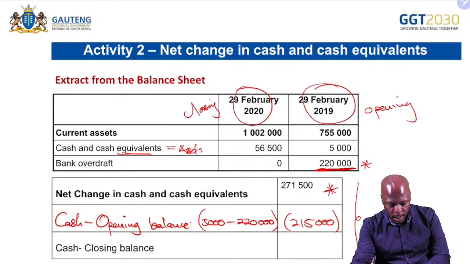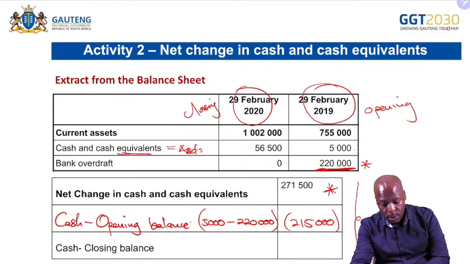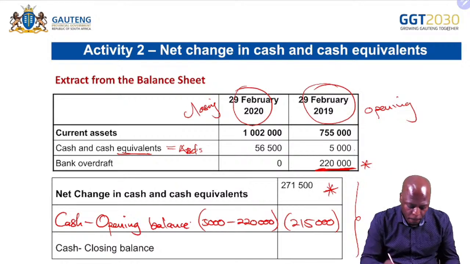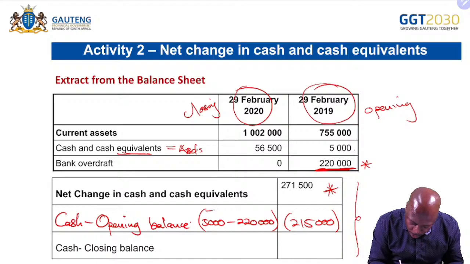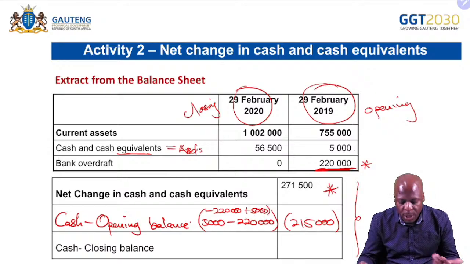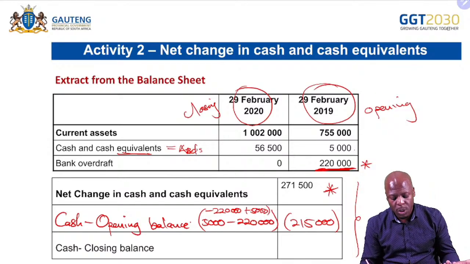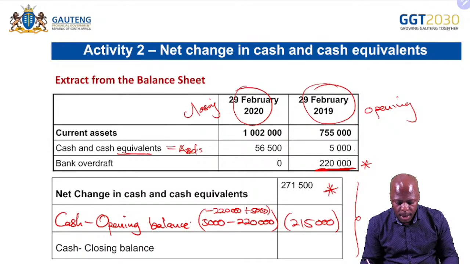How do you get that? It's 5,000 minus 220,000 that gives you a negative 215. I've seen others would start with minus 220 plus 5,000. It still would give you the same figure. It will still give you a negative 215,000. Okay? And then you get your cash closing balance.